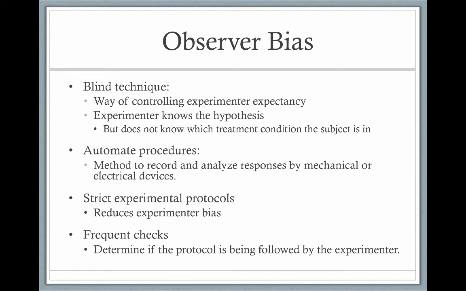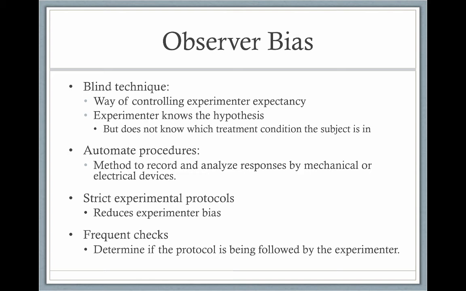The experimenter knows the hypothesis, but does not know which treatment condition the subject is in. Automate the procedures, a method to record and analyze responses by mechanical or electrical devices. Strict experimental protocols reduce experimenter bias.